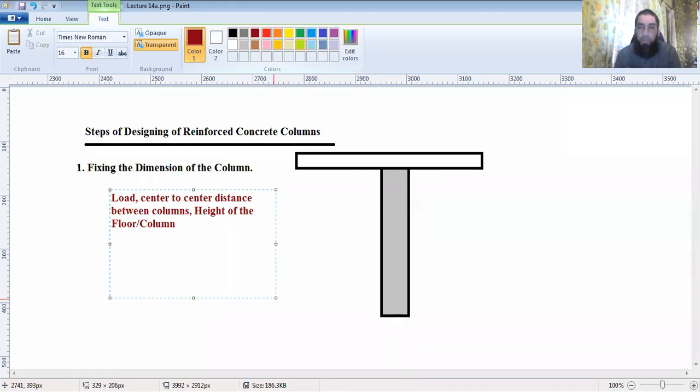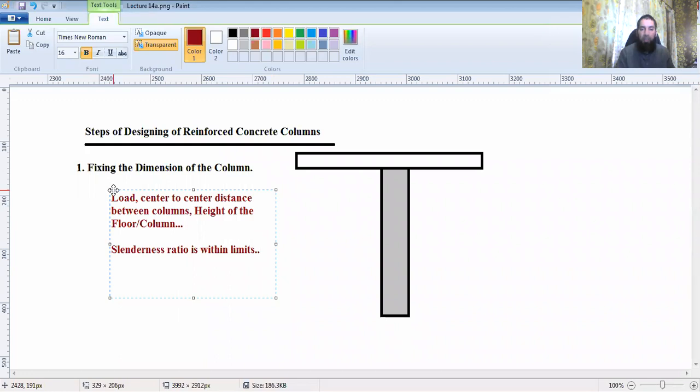Because we are designing this such that the slenderness ratio is within limits. So the dimensions of the column are also to be taken. Now, load से आपको पता चल जाता है what is the cross section. So you are getting the dimension.